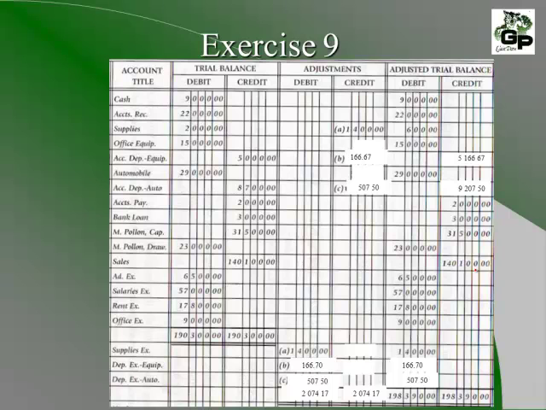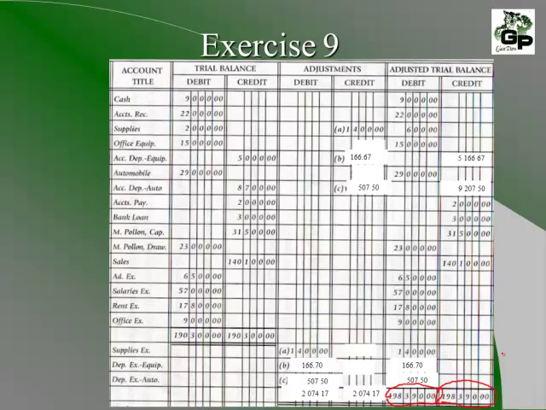Now we add the totals from the trial balance and the adjustments to give us the adjusted trial balance. We add all these different amounts and we find out that we have a total at the bottom of $198,390 for the debit and the credit for the adjusted trial balance.